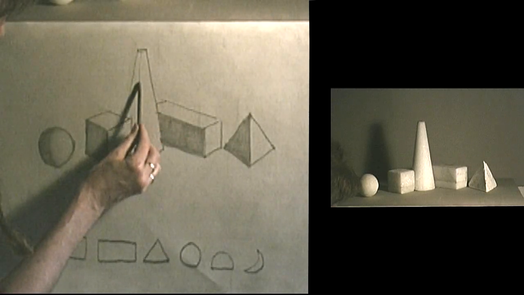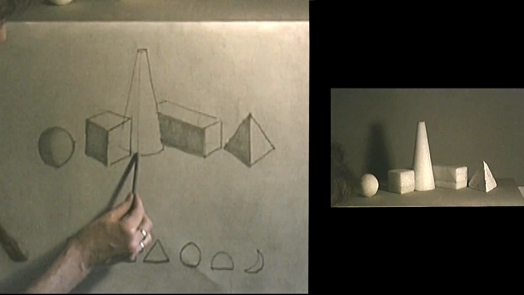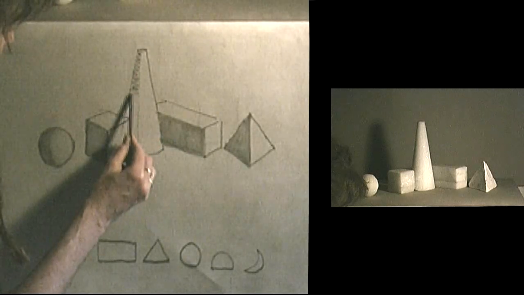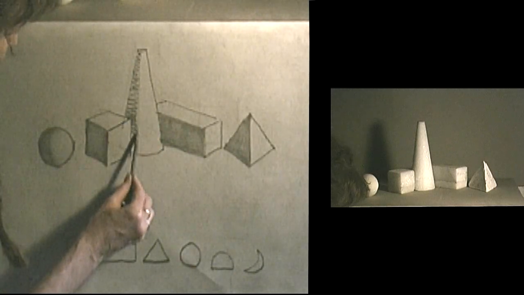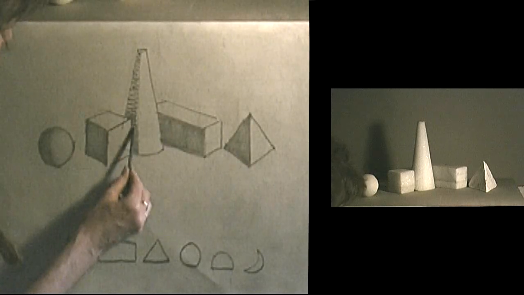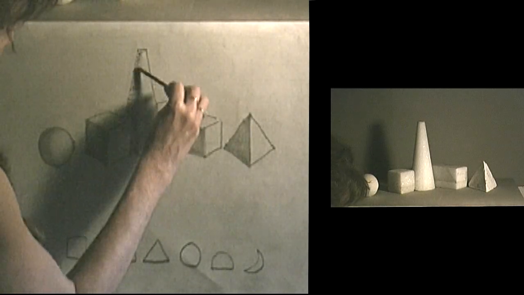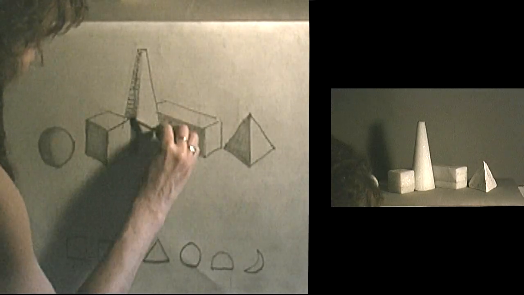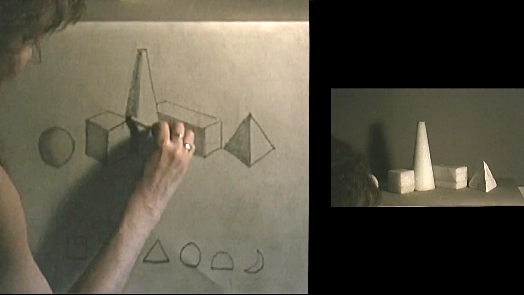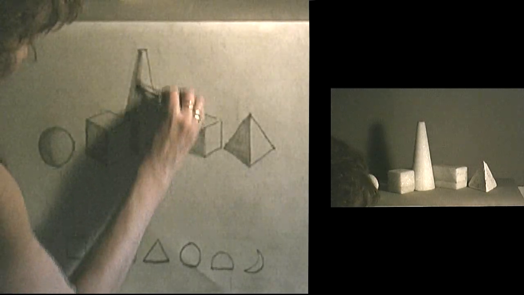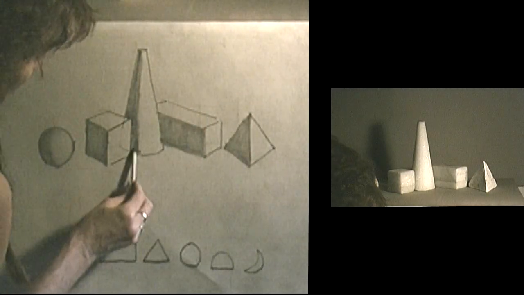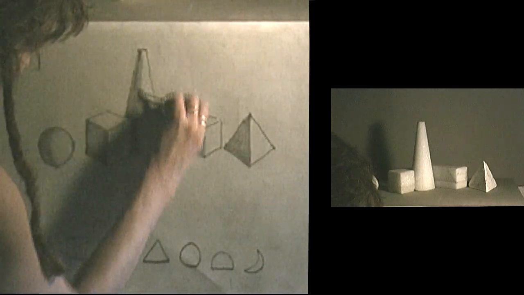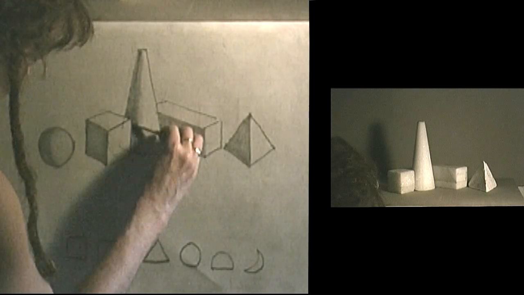So I'm going to make my shadow come here in front of the square. Because this cube looks a bit lighter to me. Carefully fill it in and use my blender to smooth all these lines together so I get nice shadow. Then I'm going to soften this edge just a little bit because a round object always has a soft edge.